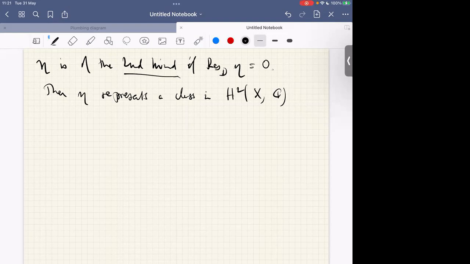And you can compare this with curves. Suppose I have a complex curve, a Riemann surface.